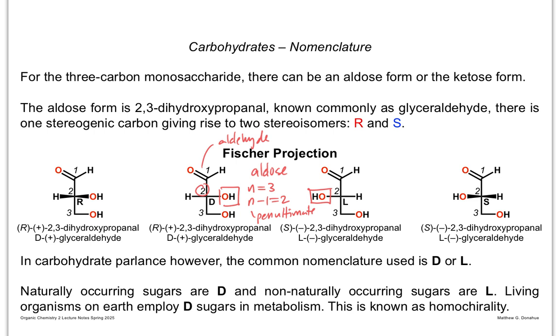And so what does the Fisher projection convey to us? Where the chain meets, like any cross, on the horizontal, those bonds are defined as being wedges.